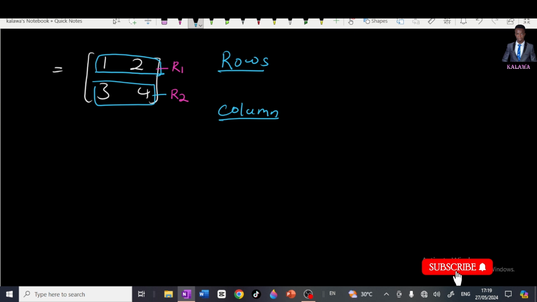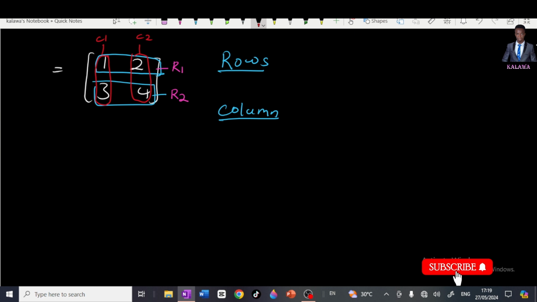So in this case, the column matrix here, it is what? 1 and 3. This is the first column. Let's name it as C1. And then 2 and 4. Let's name this one as C2. So this is a column matrix.